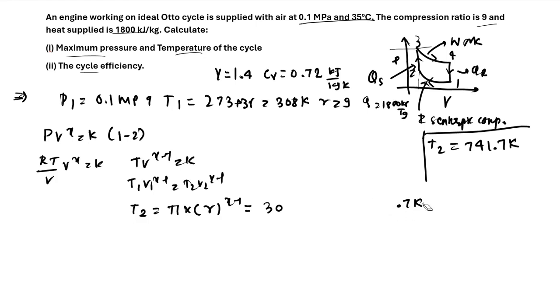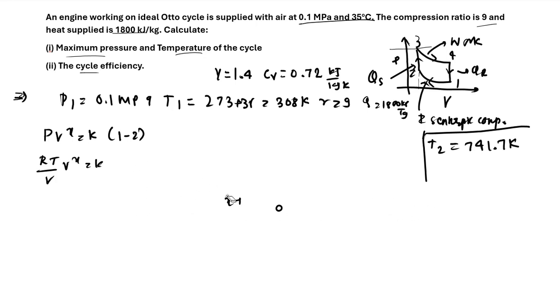After this, you can solve for T3 very easily, because for a constant volume heat addition process, you can write the heat supplied, which is given in the question, as Cv delta T, when the units are in kilojoule per kg. So Qs is given in kilojoule per kg as 1800. And Cv, sorry, not Cp. Cp is for constant pressure, and Cv is for constant volume.